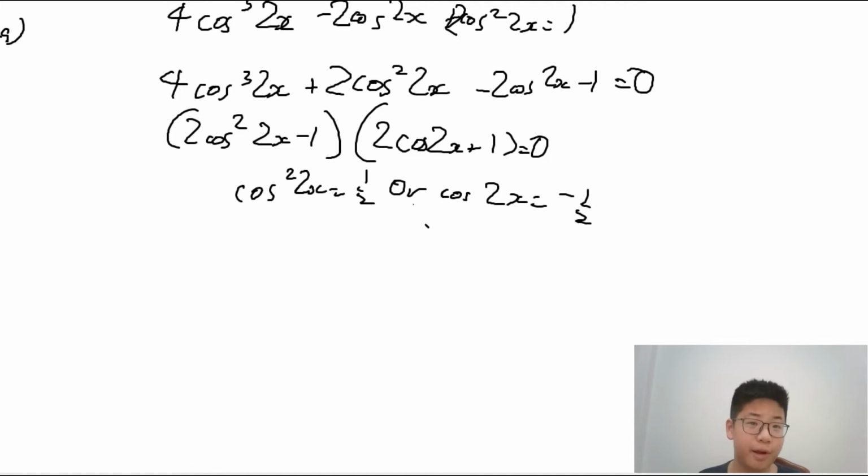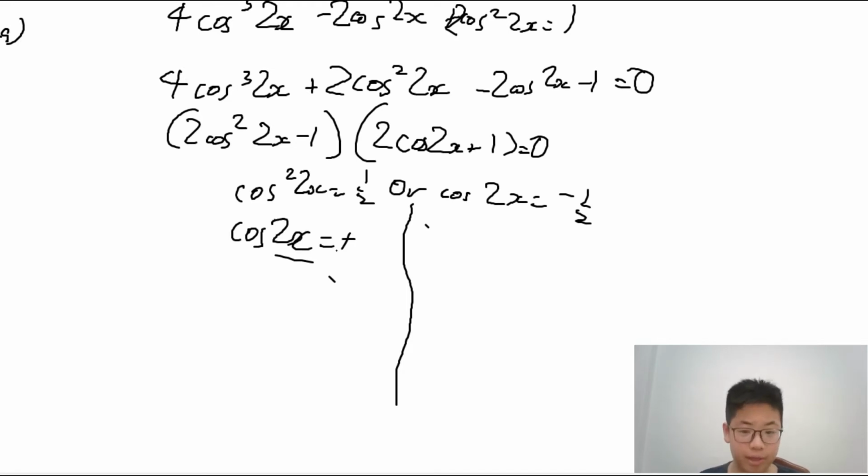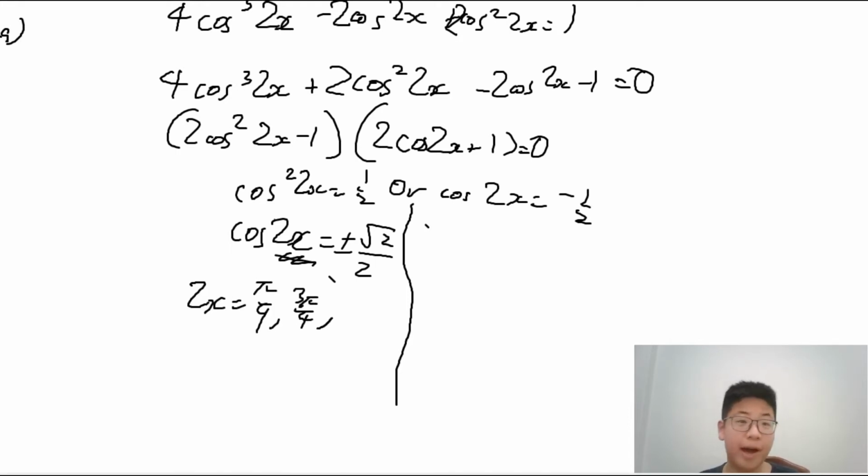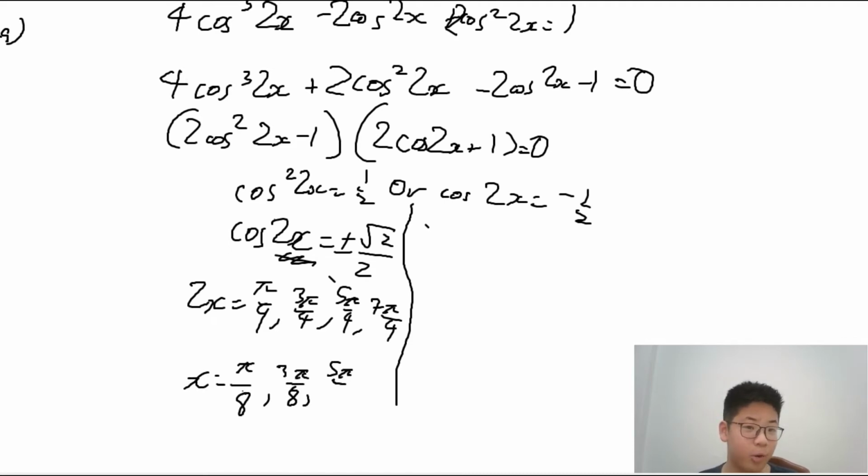And so we write this here, and then we write cos 2x equals plus or minus the square root of 2 over 2. So 2x equals pi over 4 or 3 pi over 4. And since it's 0 to pi, we add in the 2 pi solutions as well. x is pi over 8, 3 pi over 8, 5 pi over 8, 7 pi over 8.